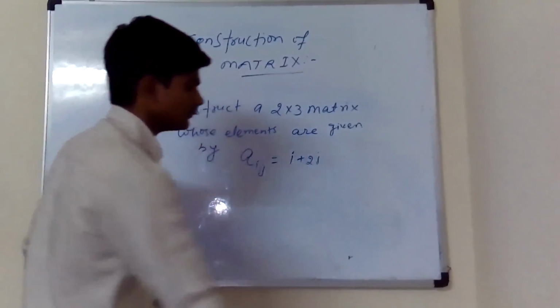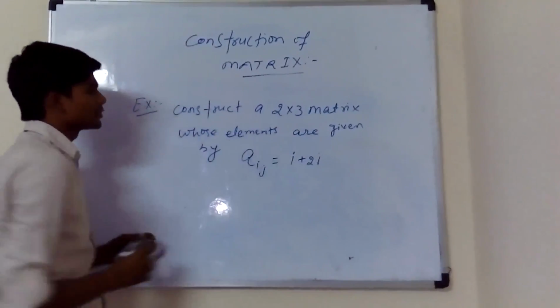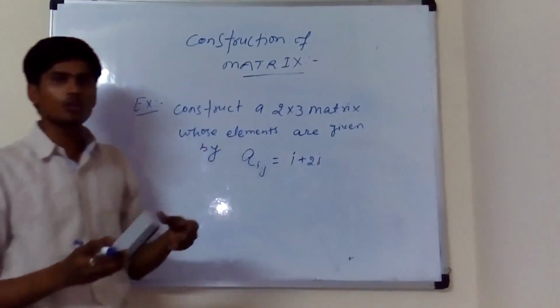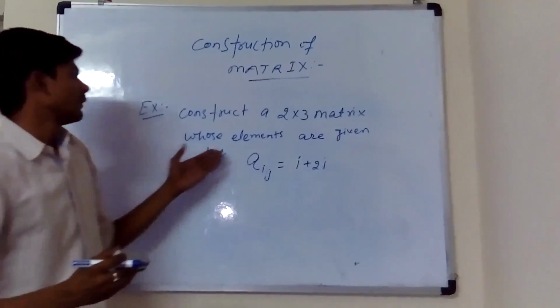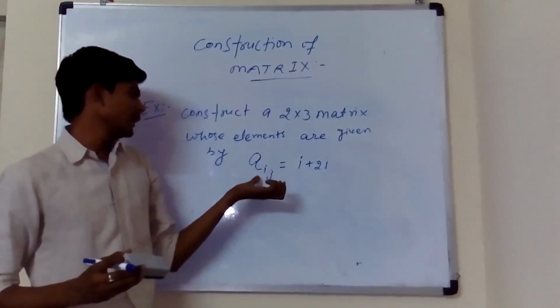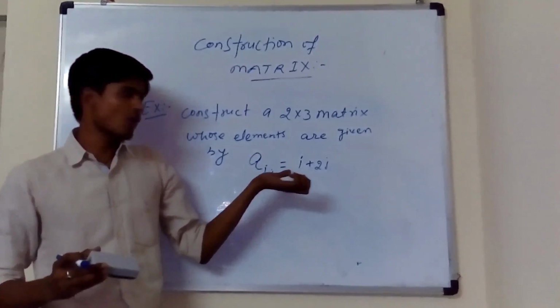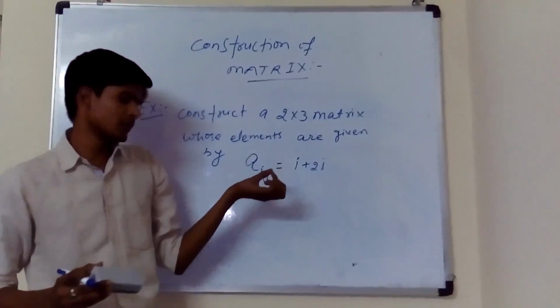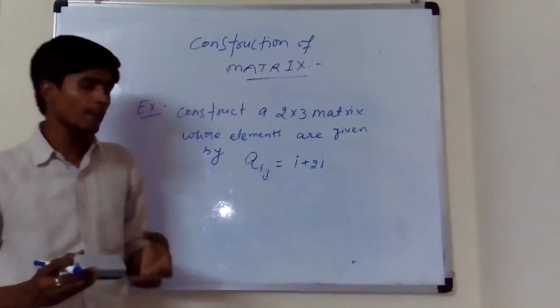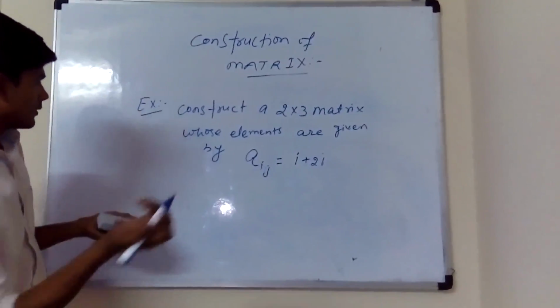Okay, this is the question. Construct a 2 cross 3 matrix whose elements are given by A of ij is equal to i plus 2j, where i and j represent row and column. Okay, so just solve it.